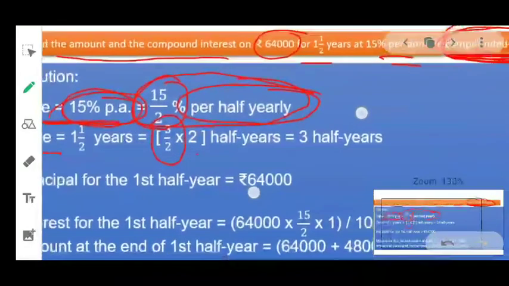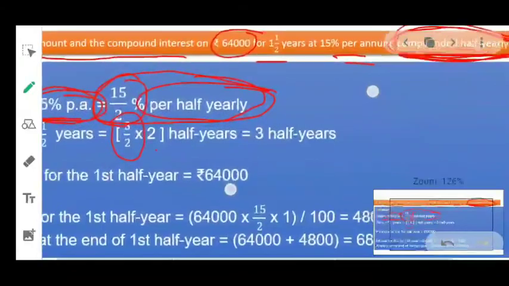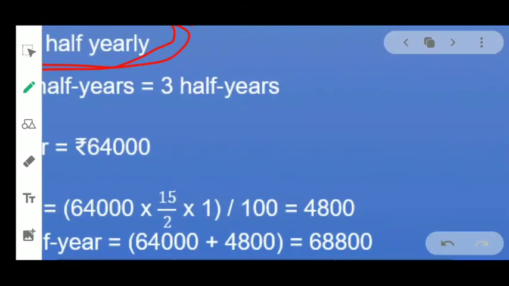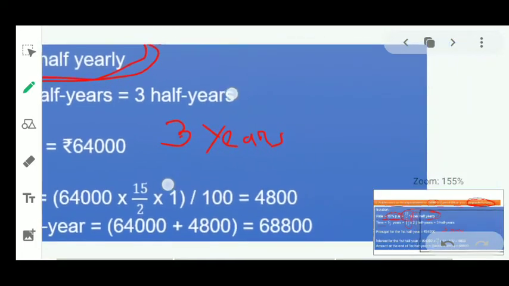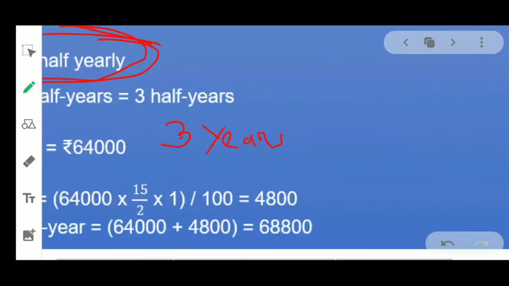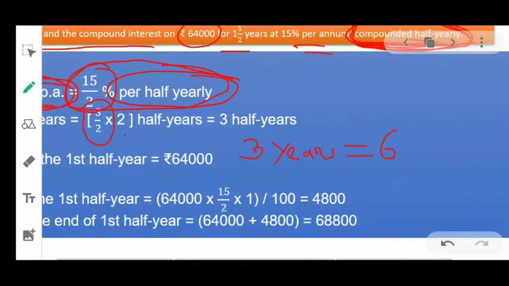that is, if I write here 3 years. Okay, now 3 years can be written as 6 half years.